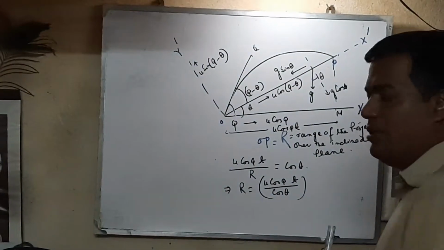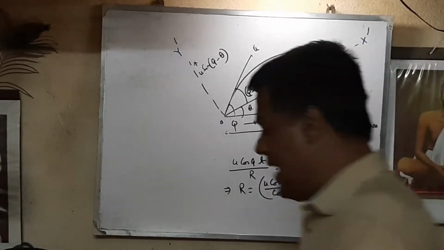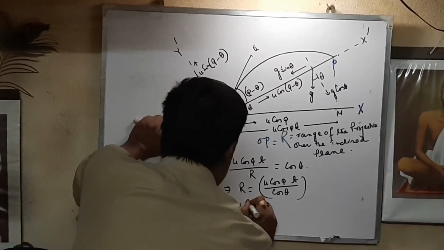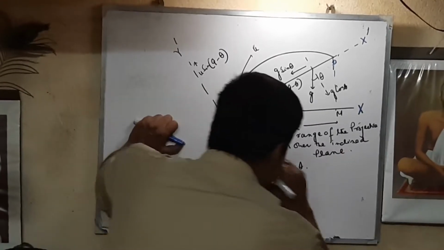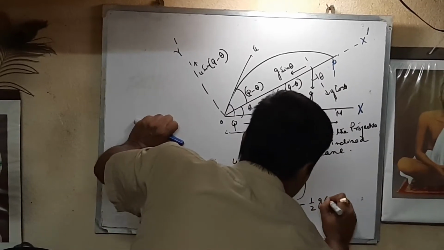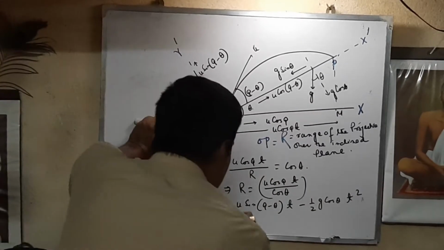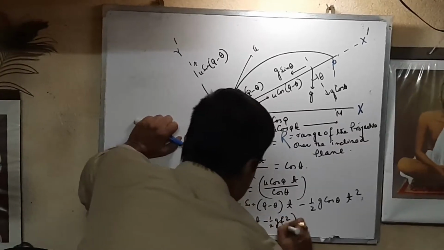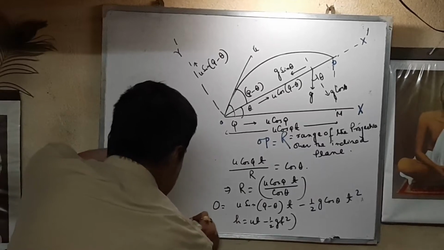So using the simple kinematical equations related to vertical motion under gravity, I have 0 equals u sine of phi minus theta t minus half g t square. Now here g will not be g, it will be g cos theta. I have used the relation h equals ut minus half gt square, our basic relation.